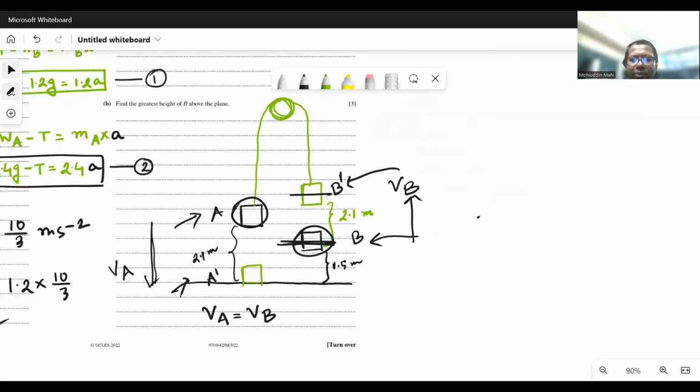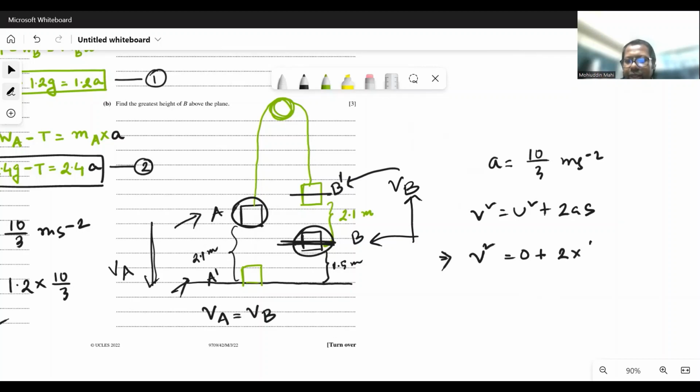For A, we know the acceleration. The acceleration of the system was 10 by 3 meter per second square. So we can easily apply the formula v square equals u square plus 2as. The system was released from rest, so the initial velocity was 0. Acceleration was 10 by 3 and displacement is 2.1 meter.